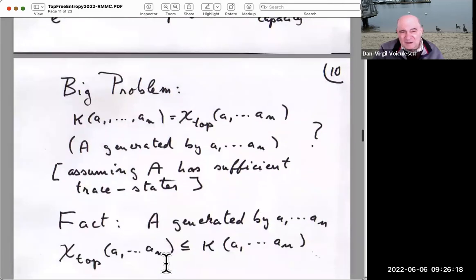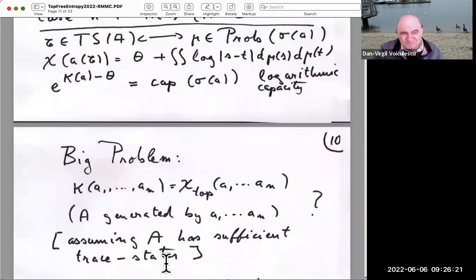And the big question is whether the free capacity is equal to the topological free entropy. Here one has to make, of course, a certain assumption. I cannot expect it to work in absolute generality. For this free capacity to work, one needs an assumption that the C-star algebra A should have enough trace states.